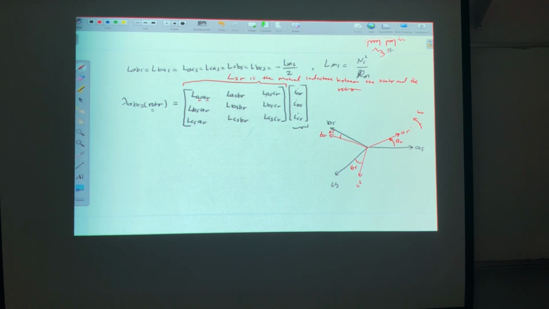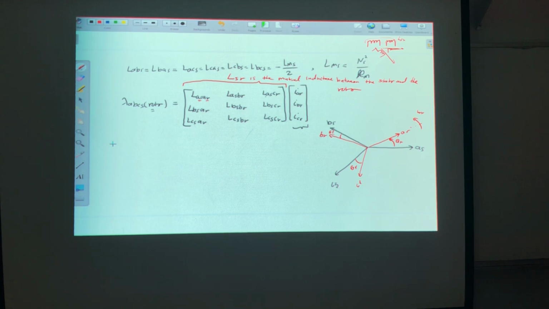And the stator was here. Now, is the coupling in between the same? No. It will be projected by which angle? By the angle between the stator and the rotor, correct? Good. Now let's see. The angle between AS and AR is theta, the same angle between the Bs, and the same angle between the Cs.